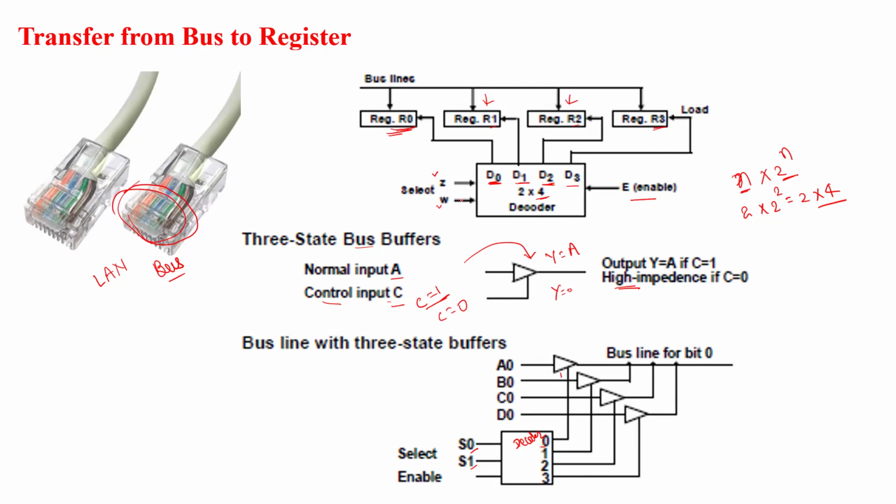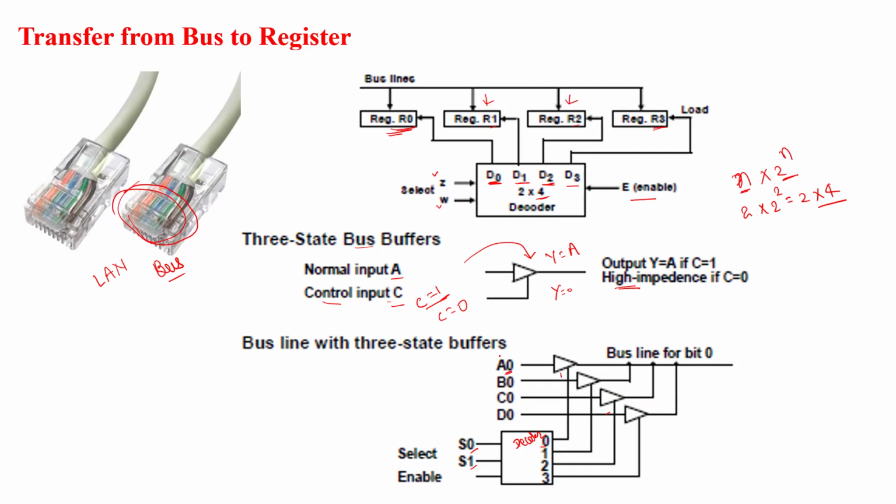Similarly, the 0th bit of each register is connected first, so that will be transferred to the bus. Again, for 1, the second buffer, for 2 the next buffer, and for 3 again the next buffer. Like this, all the buffers are controlled with the help of the decoder output.